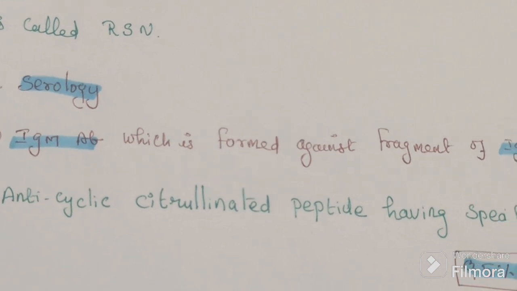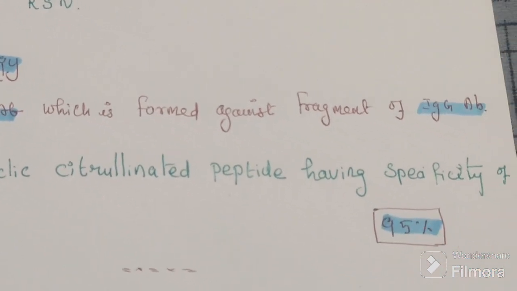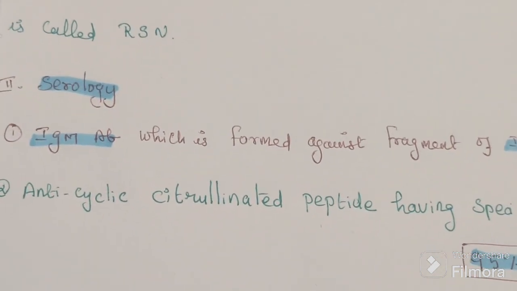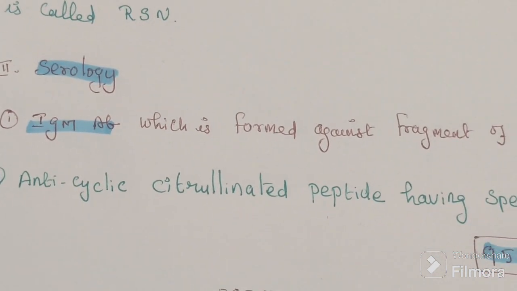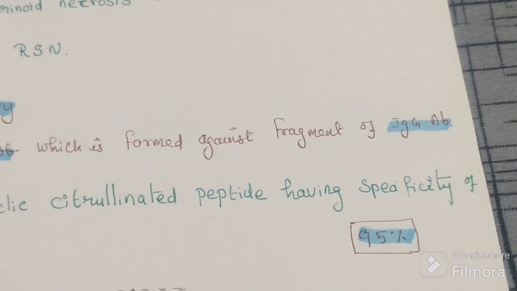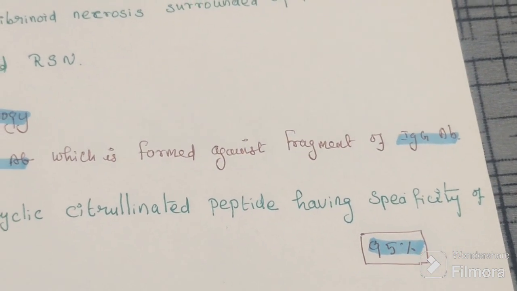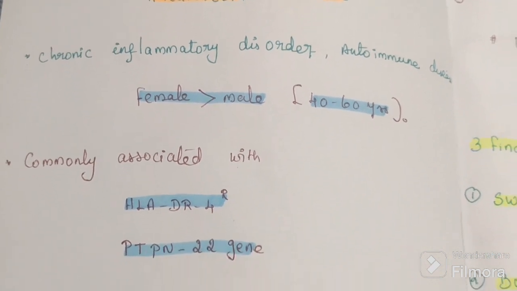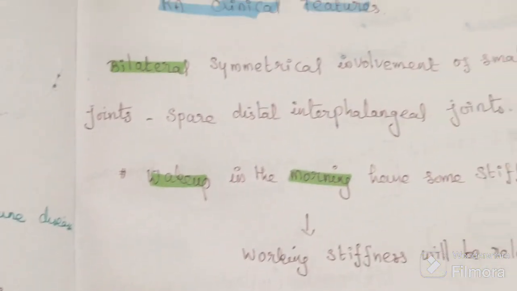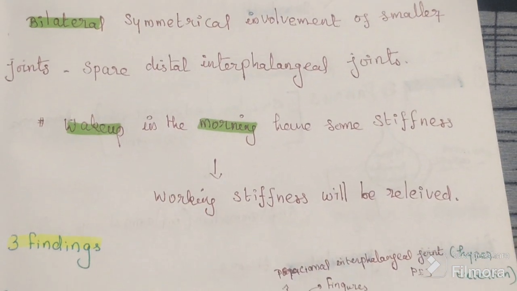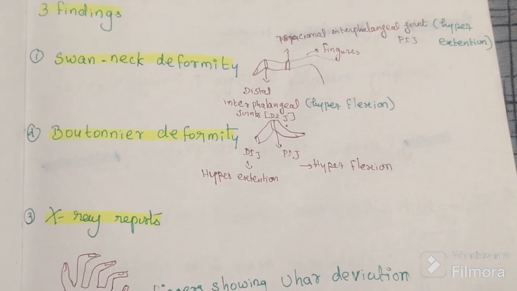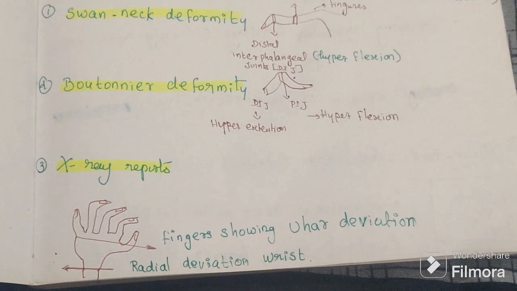So two important serological features: first is IgM antibody formed against a fragment of IgG antibody, second is anti-cyclic citrullinated peptide with specificity of 95%. So this video discussed rheumatoid arthritis clinical features, swan neck deformities, Boutonniere deformities, X-ray report.